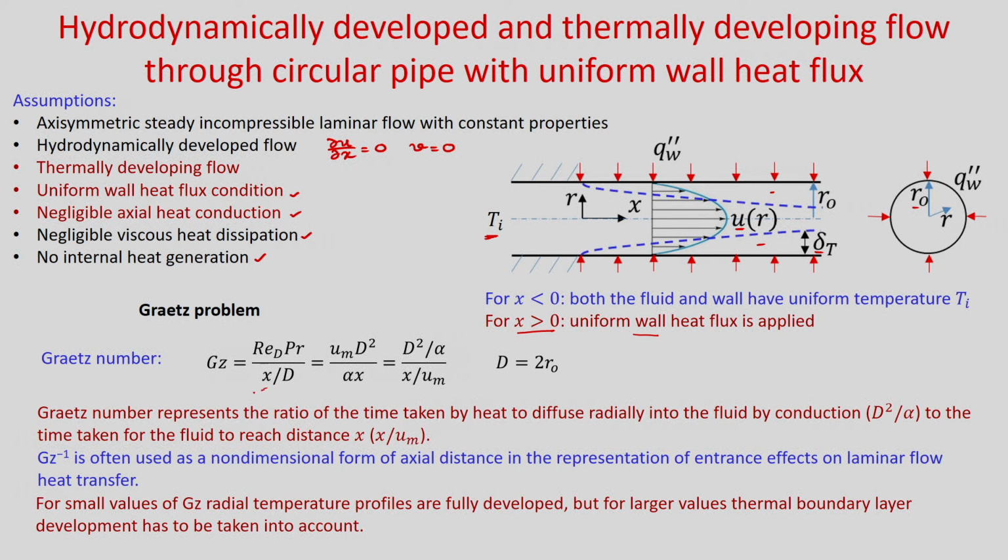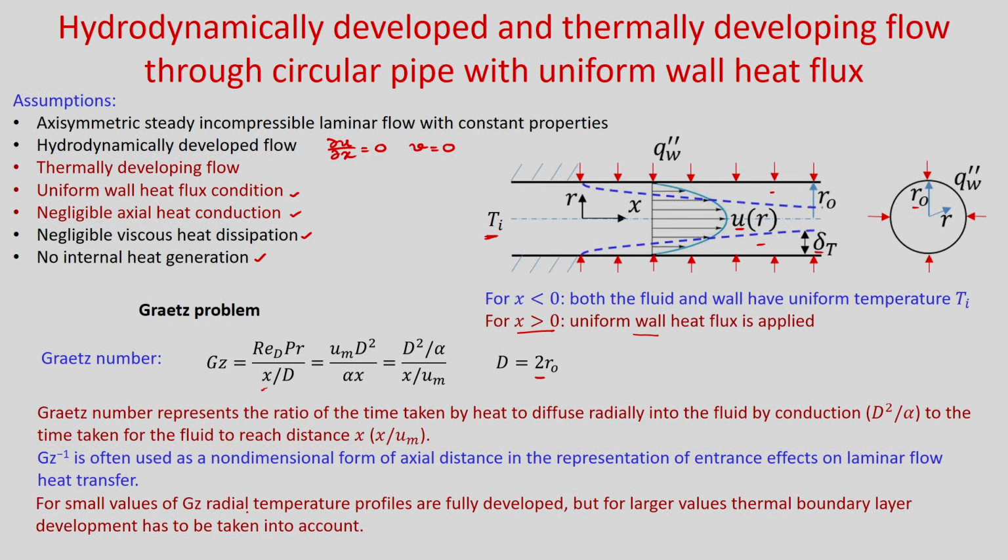Here x is the axial distance, and if you put in the variables for Reynolds number and Prandtl number, you can write it as d square by alpha divided by x by u mean d, where d is 2 times r naught. So, in the numerator and denominator both are time scales. Graetz number represents the ratio of the time taken by heat to diffuse radially into the fluid by conduction to the time taken by the fluid to reach distance x.